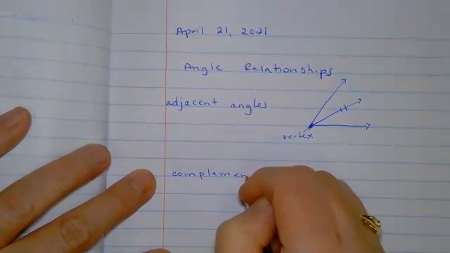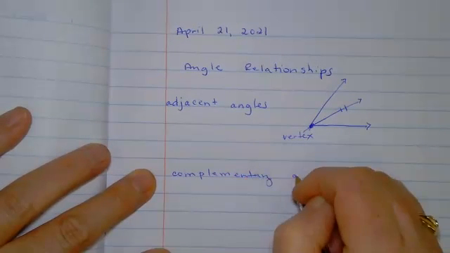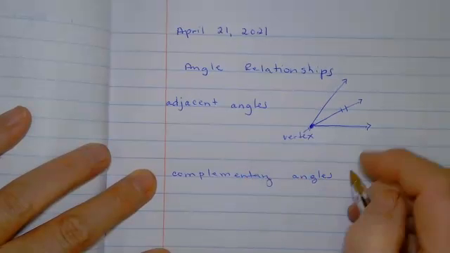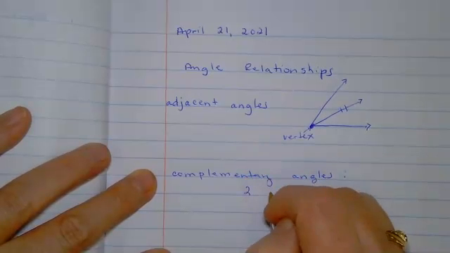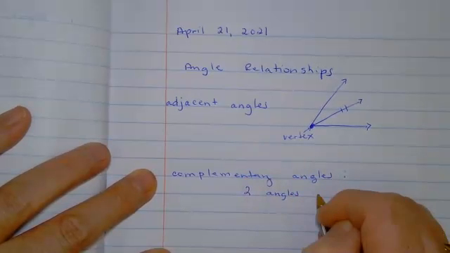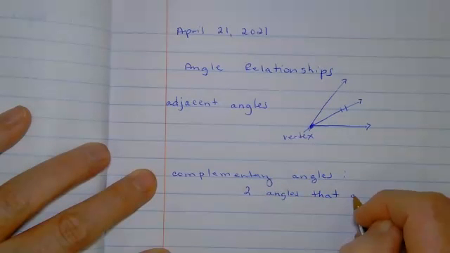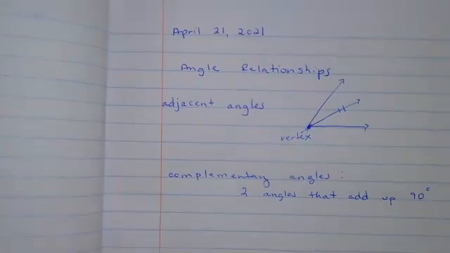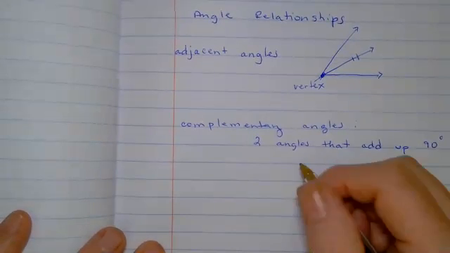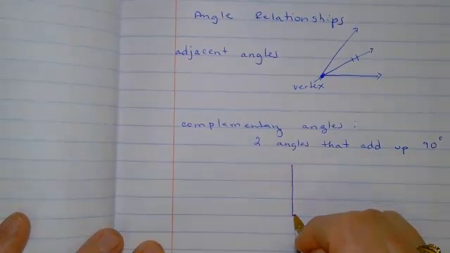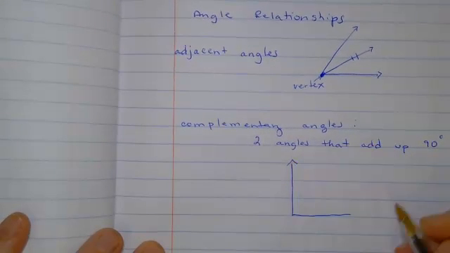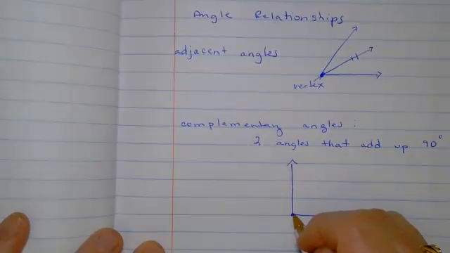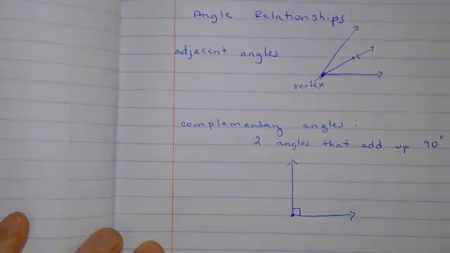Complementary angles are two angles that add up to 90 degrees. Complementary. So if you check this out, we know that's a 90-degree angle.